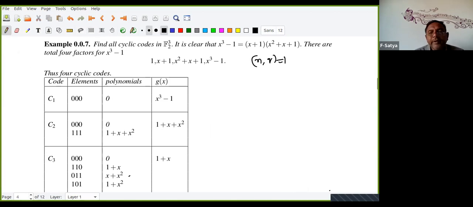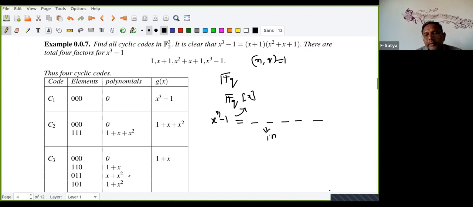See, n comma q gcd 1. So I take a field Fq. Now I want to factor. Now I will take Fq of x. Now I want to factor x power n minus 1 here. Now you know that it is a product of irreducible polynomials, right?